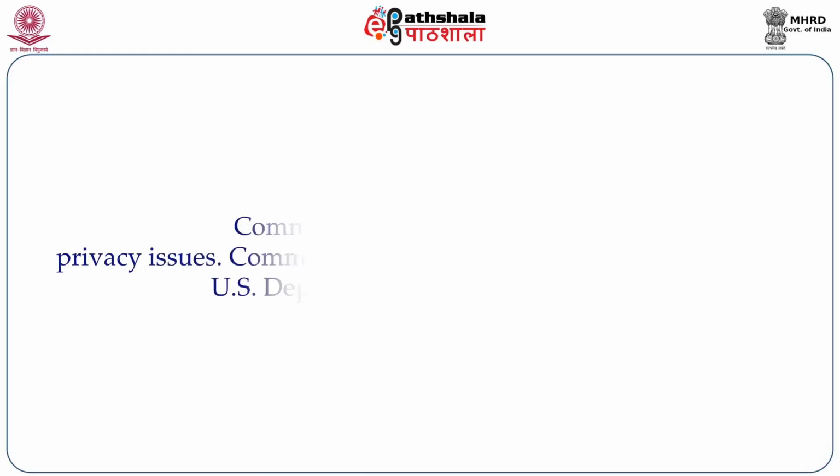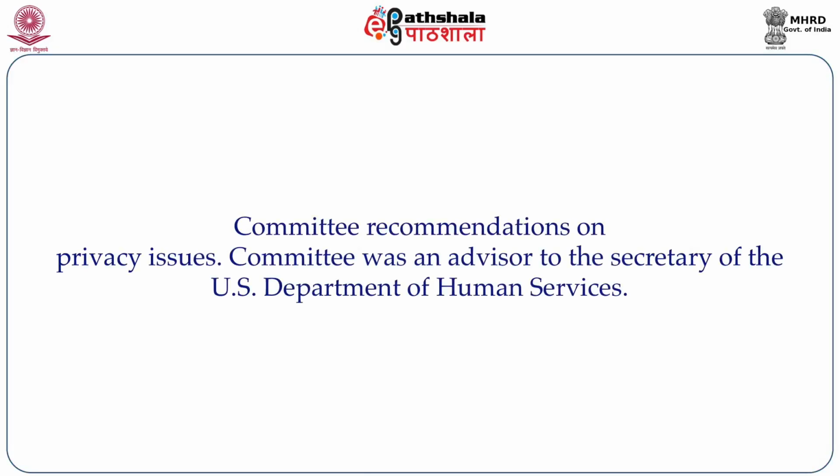So first is fair information policy. It is a set of principles given by Willis Ware in 1973 of Rand Corporation. He was chairman of the committee to advise the Secretary of the United States Department of Health, Education, and Welfare on privacy issues.